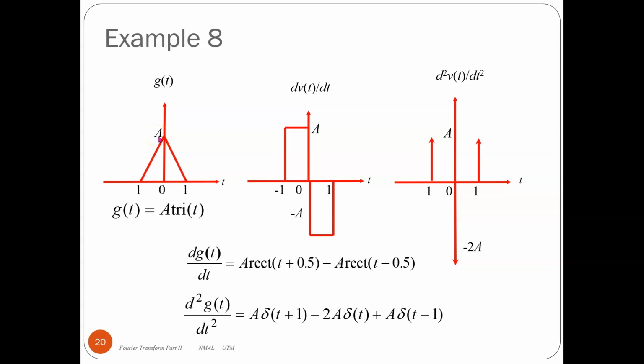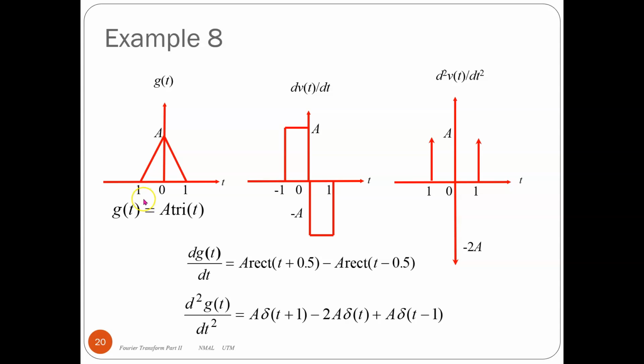The differentiation of this g(t) gives us this rectangular function, and if we further differentiate to the second level, we will get this pulse function. So how do we obtain this?